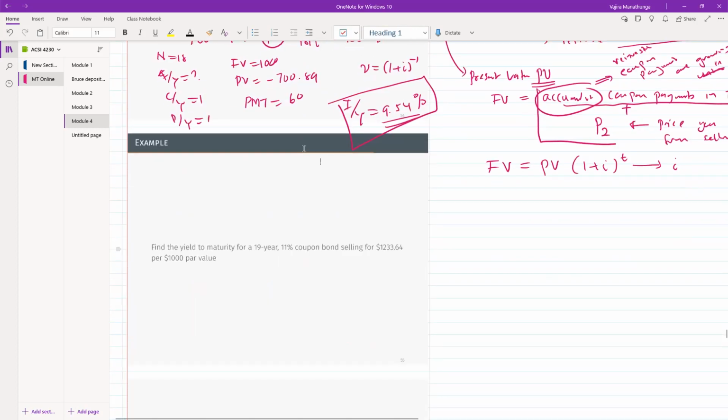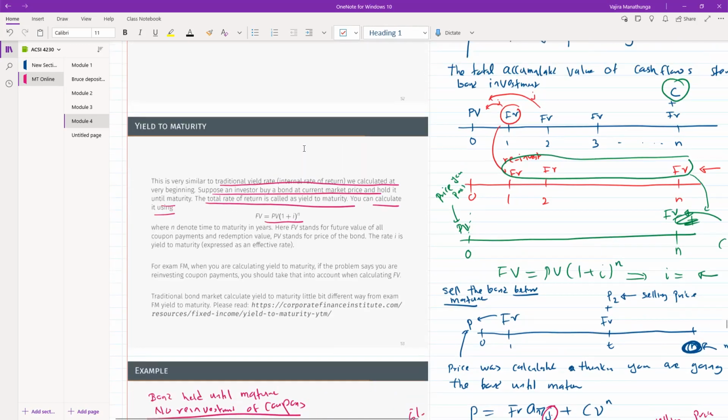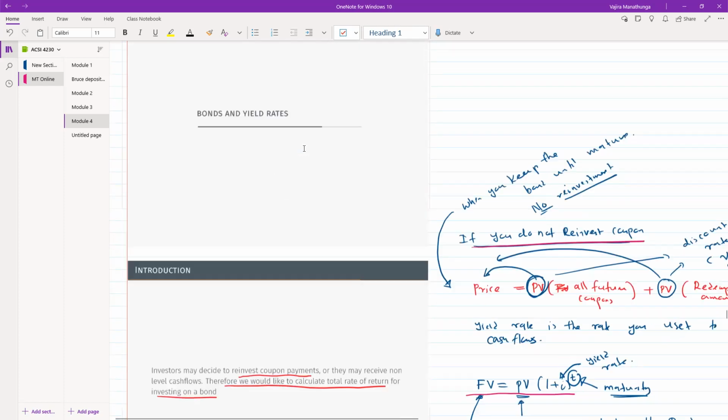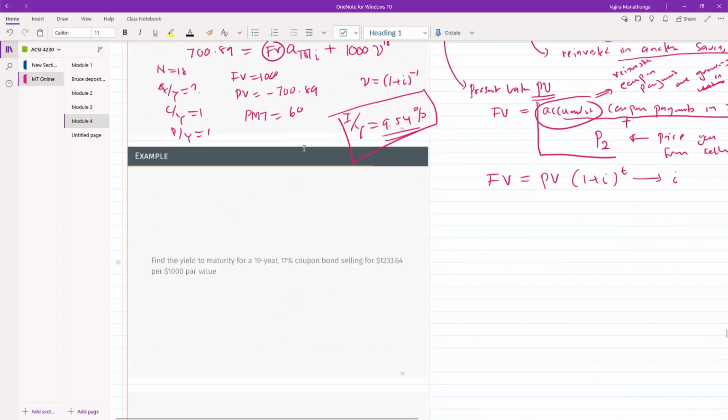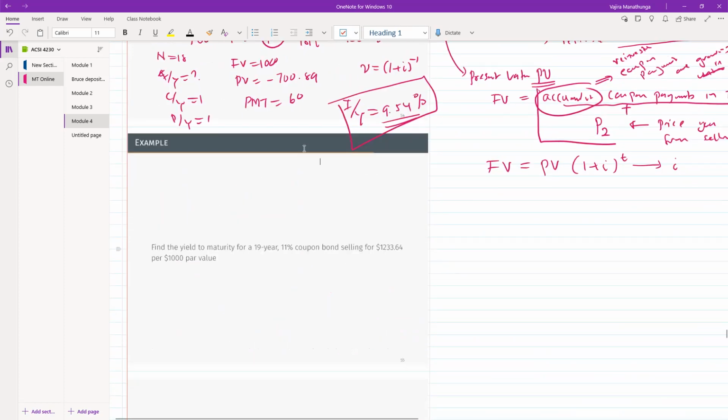So the example is the same. But sometimes, and I actually don't have an example here, you will see that the coupon amounts are reinvested. When that happens, you need to take that into account.